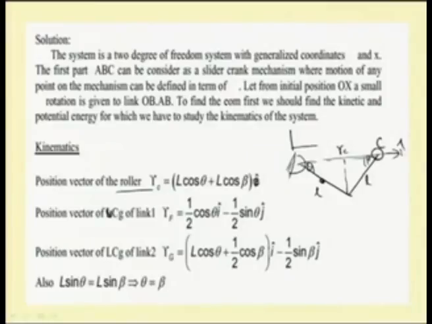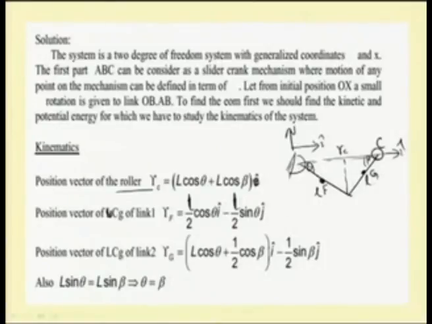Similarly, the position vector of the CG of this link 1, this is point F, will be L by 2 cos theta I minus L by 2 sin theta j, where this is the I direction and this is J. Similarly, the position vector of this point G can be written.